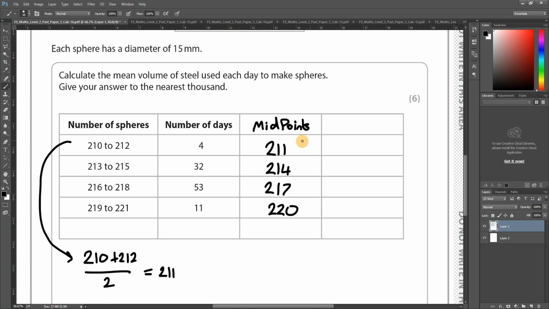Now you can multiply across, and let's call this number of days times the midpoint.